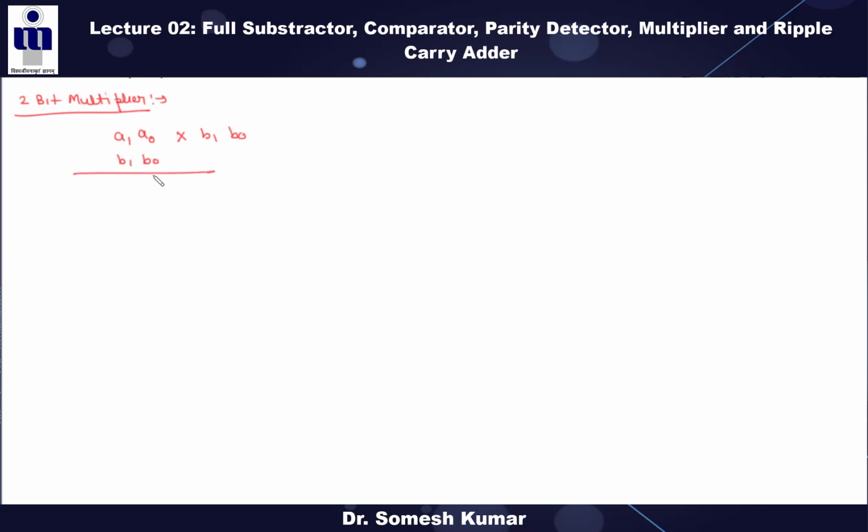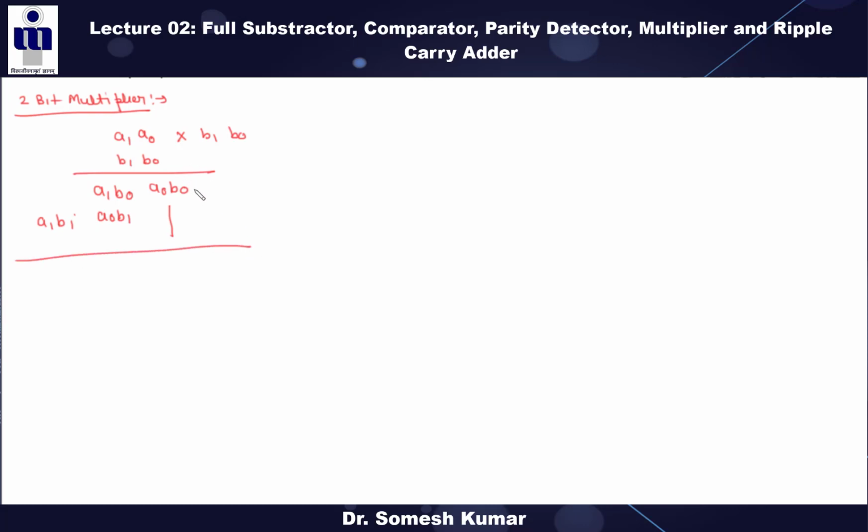So what is at this position? A0 B0. Here what will come? A1 B0. Now what will come here? Here at this position A0 B1, and at this position A1 B1. Clear?